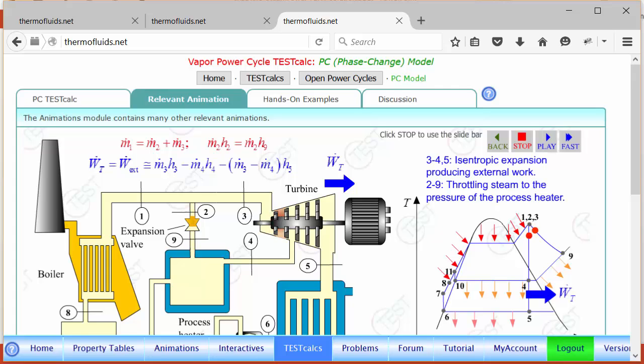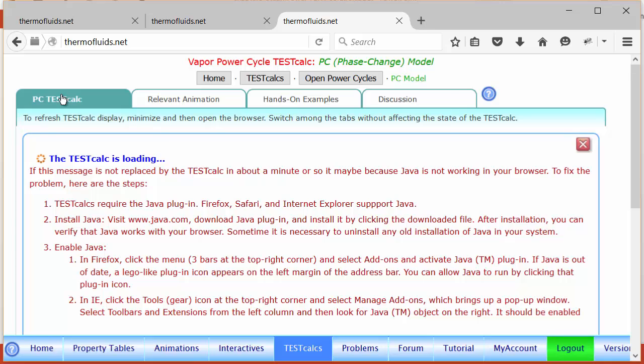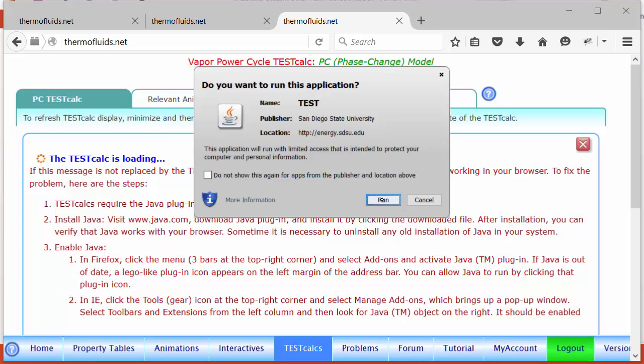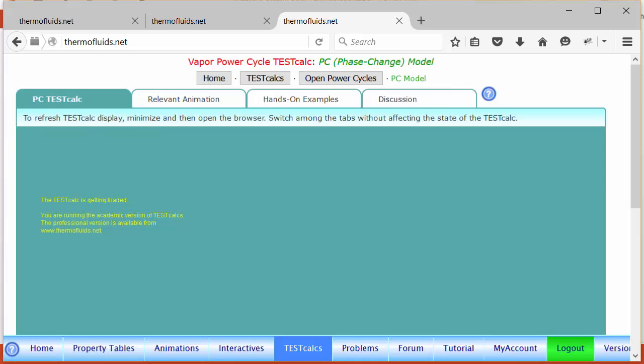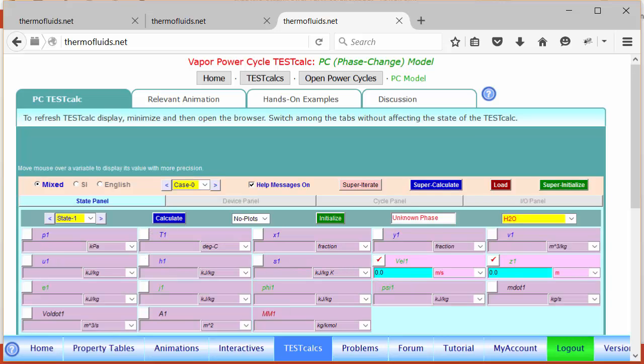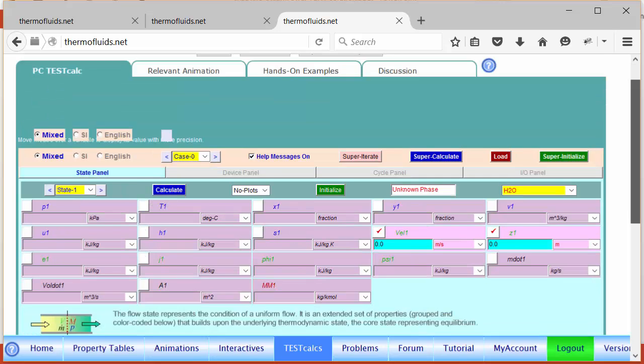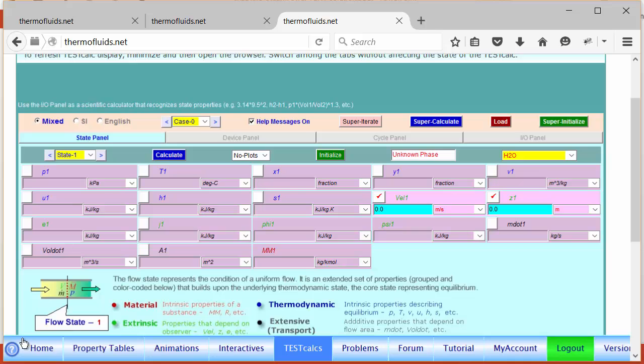Okay, this is the animation page. To launch the TESTcalc, you click on this step and click on run, and the TESTcalc is now loaded. Okay, so state 1 is simple, 4 MPa and 400 degrees Celsius.